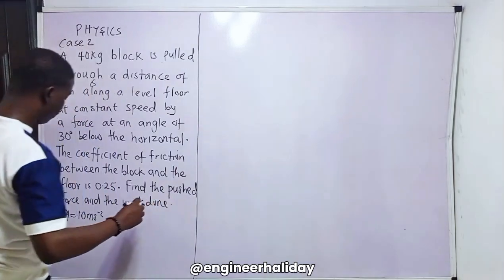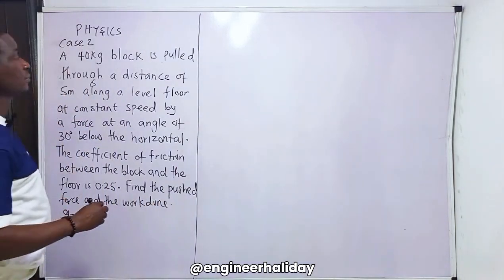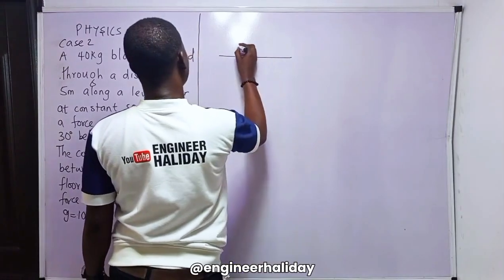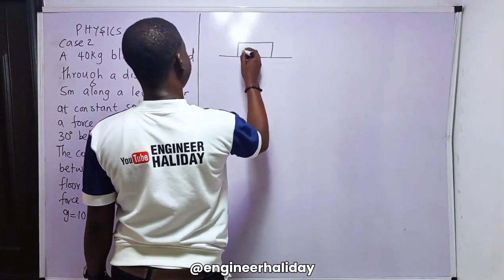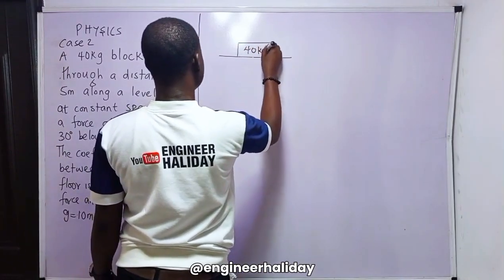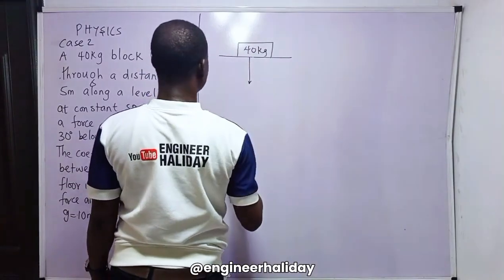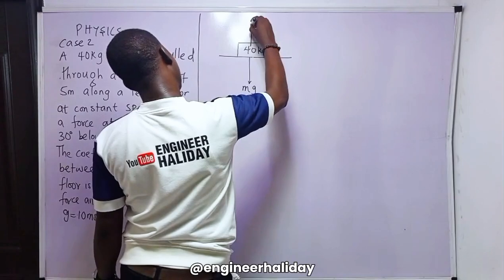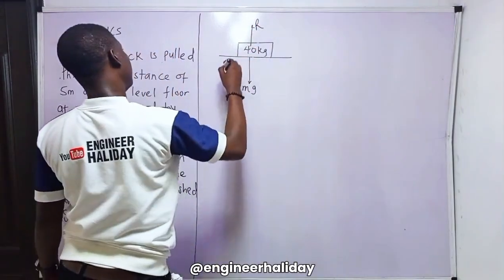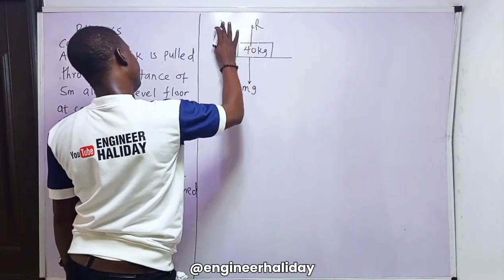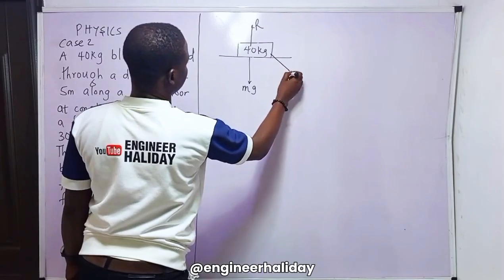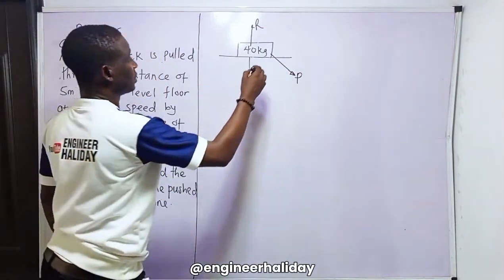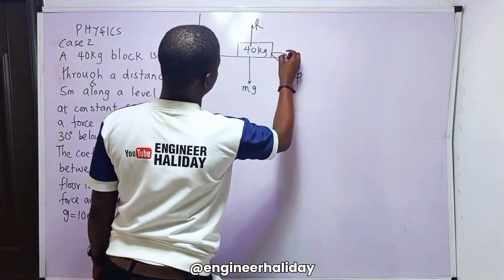Take g as 10. The block is 40 kg. The weight will be going down, which is mg. Let me derive my formula first. Let me call the pulling force P, at an angle of 30 degrees below the horizontal.